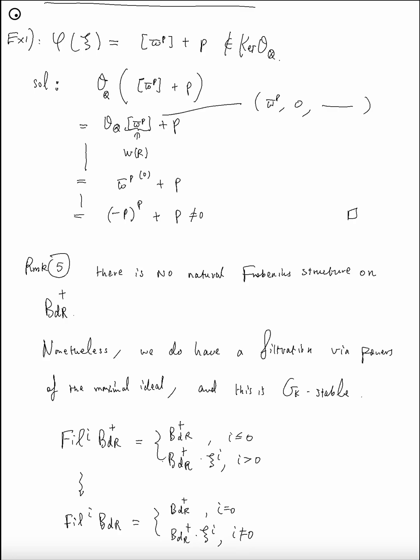The only problem is that if I use this definition, then I cannot say that the Fil^i does not equal B_dR itself for i sufficiently small, because this will always be t^(-i) times B_dR^+, but the union will give you all, but that will not be the case. I'm not sure this is a problem or not, but at least we could define a reasonable filtration in this way.